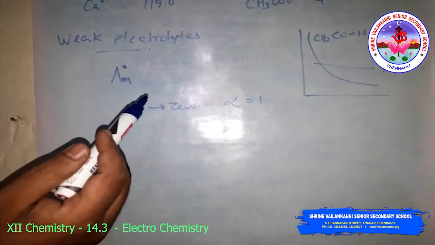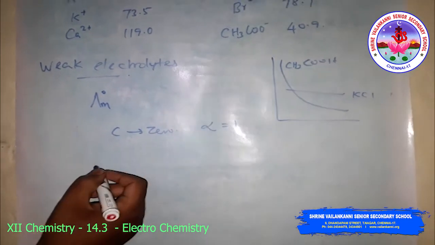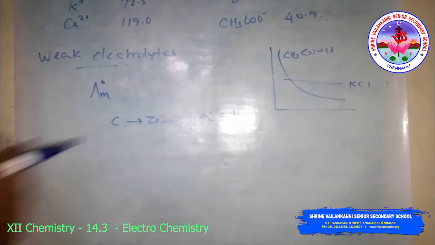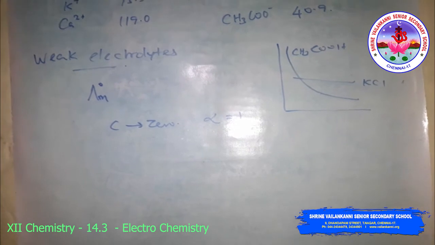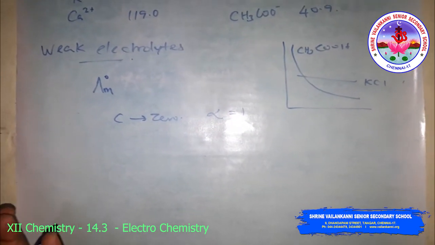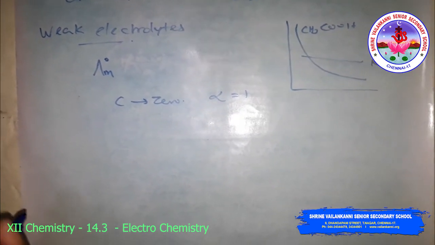Then at any concentration C, if alpha is the degree of dissociation, it can be approximated as the ratio of the molar conductivity at that concentration to the limiting molar conductivity.